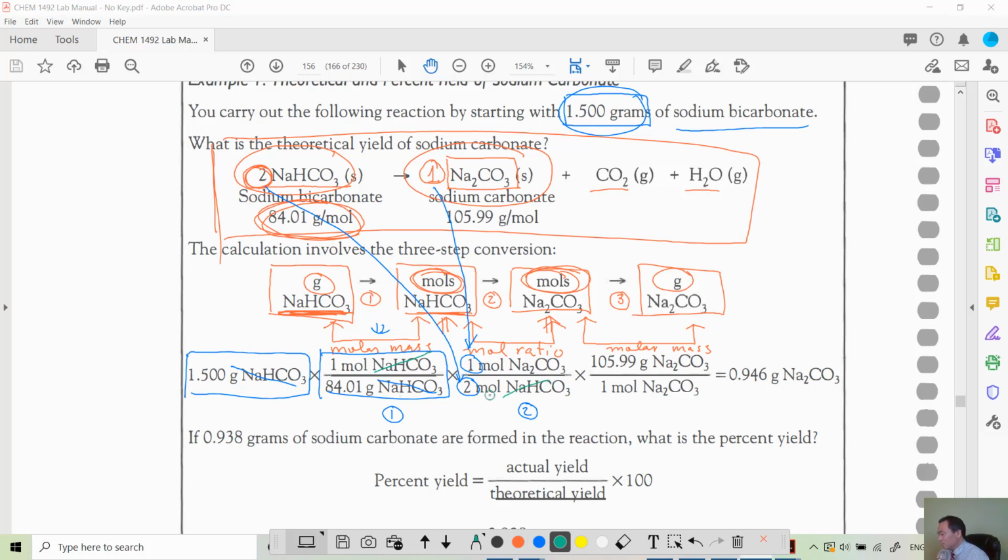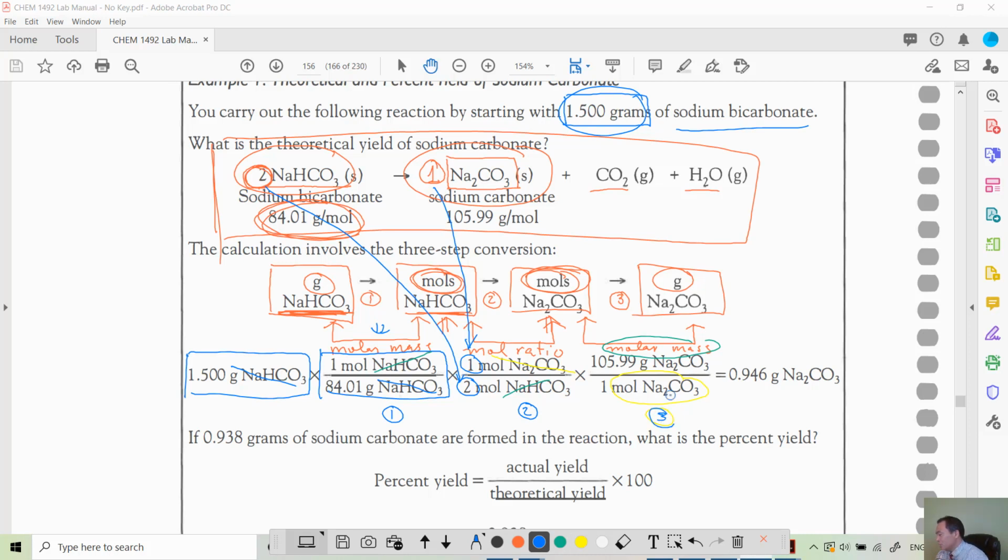The third step, we use molar mass again, but this time we need to cancel out this moles of sodium carbonate. That's why we need to use moles of sodium carbonate as the denominator for step number 3. Okay, let me change the color.